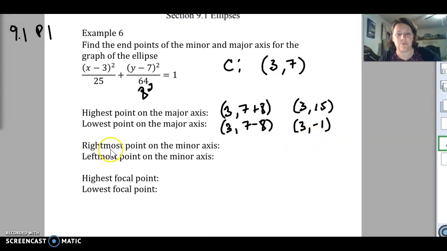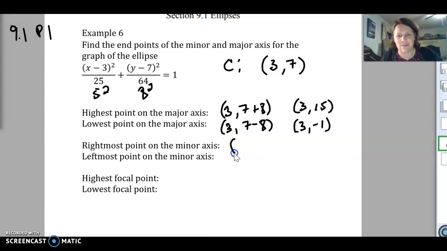Okay. Now the rightmost and the leftmost point is going to be on our x-axis. Did I say y? X-axis. It's going to be on the x part of our equation, and it's going to affect the x point of the center. So the rightmost point is going to be when we add 5 to 3, and the leftmost point would be when we subtract 5 from 3.